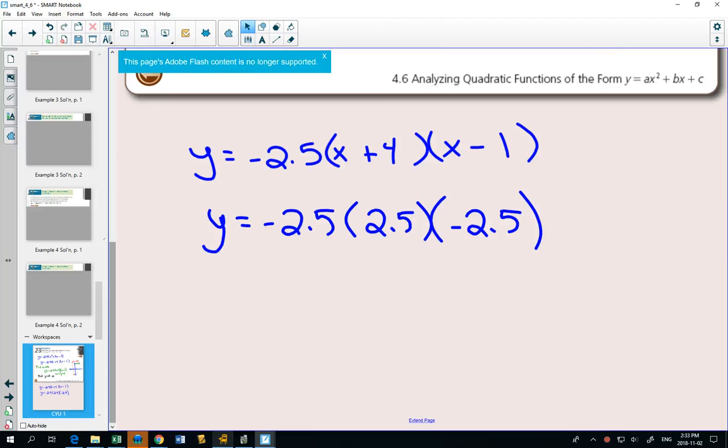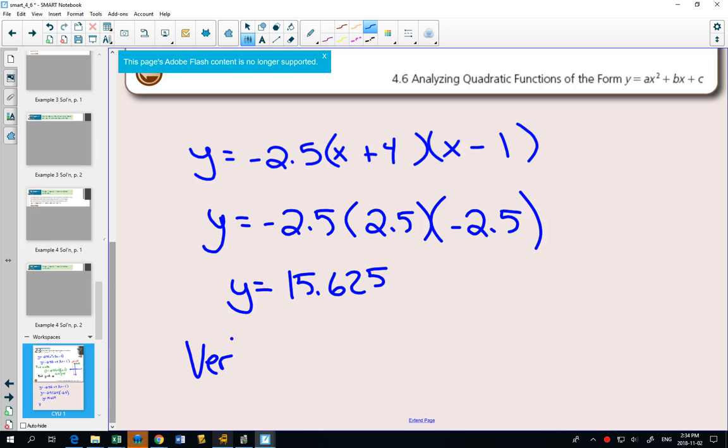Type that into your calculator, and you get 15.625. Which means our vertex is at -1.5, comma 15.625.